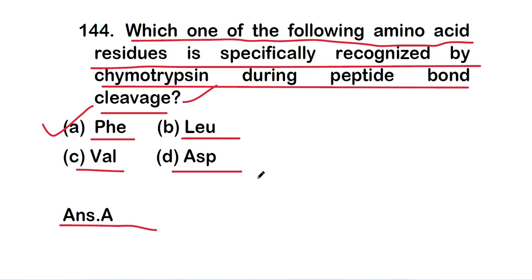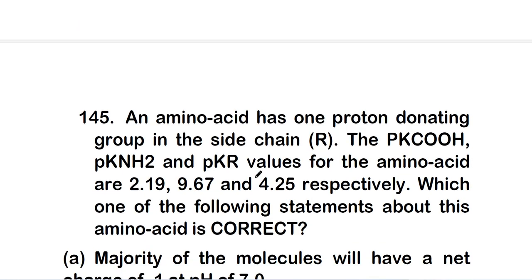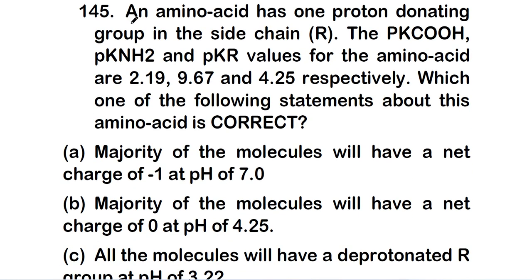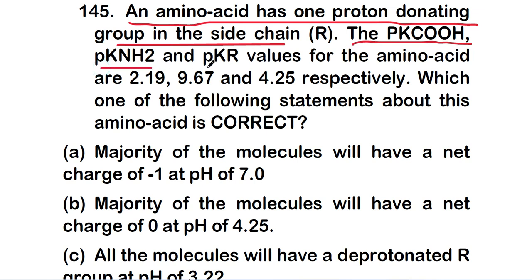cleavage. Okay, so let's move on to question number 145, that is an amino acid has one proton donating group in the side chain. So one amino acid which has a proton donating group in its side chain, and the pK of COOH, the pK value of NH2, and the pKr value, that is the isoelectric point value for the amino acid, are 2.19, 9.67 and 4.25 respectively.